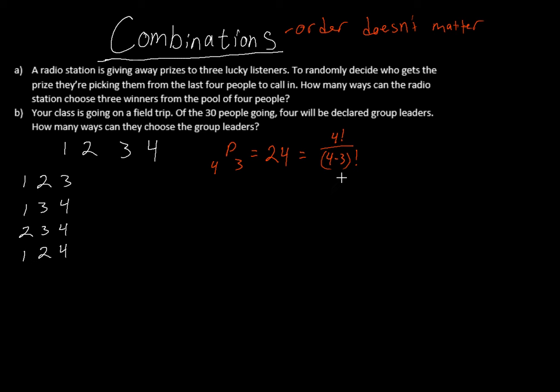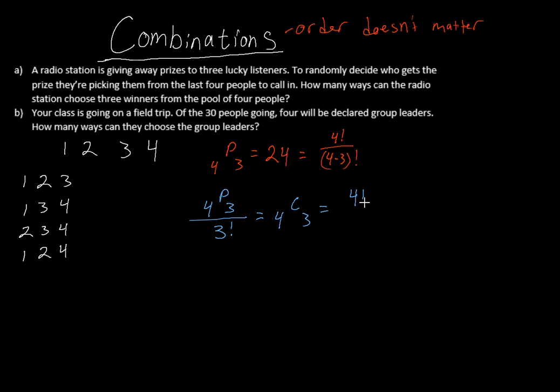So for a combination, we're going to end up having to divide by that. The answer is going to be those 3 people that we chose factorial, just like we did with the extra e's in the word somewhere. And this ends up being our combination formula.